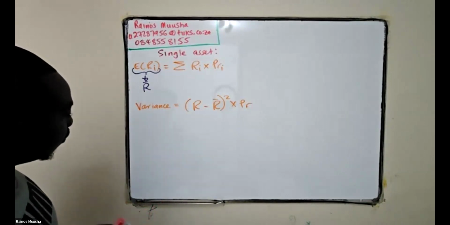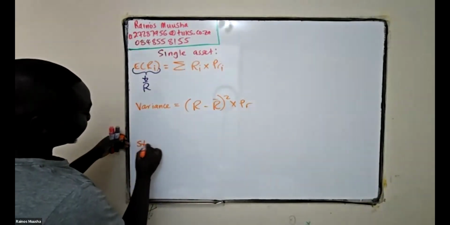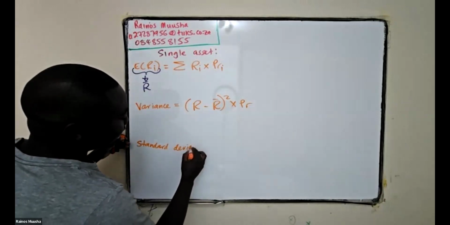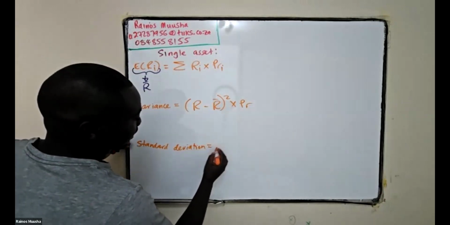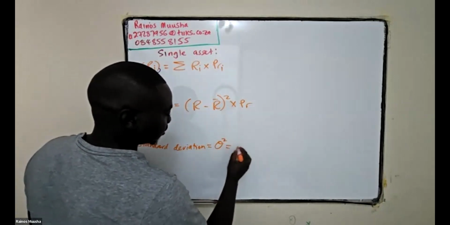Then from the variance, we can determine the standard deviation. The standard deviation is given as sigma.